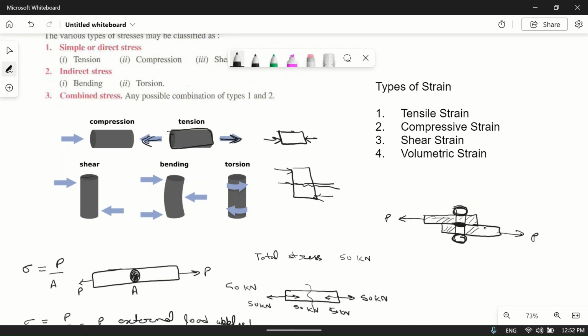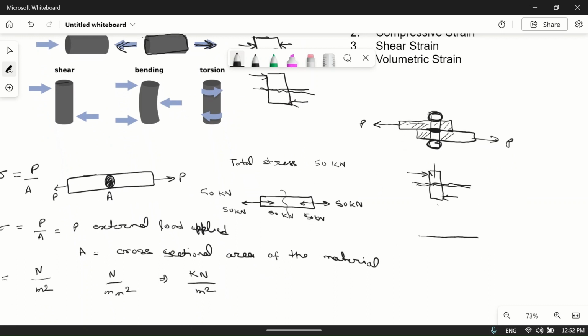See, the axis of the bolt is vertical, but the load applied is in a different direction, not on the same axis, and the material is trying to break from here. So this is called shear stress. Apart from this, there are bending stresses. Suppose this is a beam supported here and here, and if we apply a force here, then it will try to bend like this.